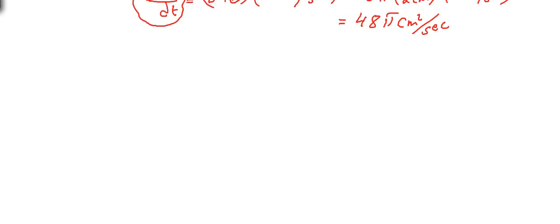Let's start another example. Another example says the volume V of a sphere increases at a constant rate of 4 cubic centimeters per second. So we have an increase in volume according to time. It's 4 cubic centimeters per second. Because it's volume, its unit is cubed. This is given, right?